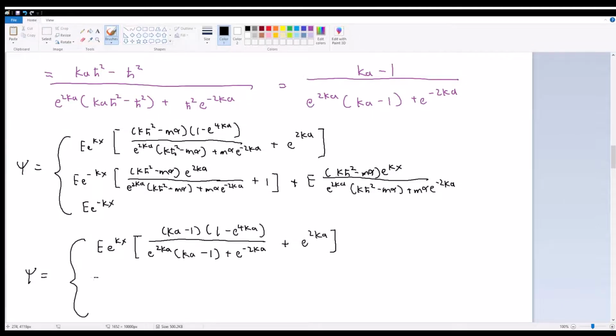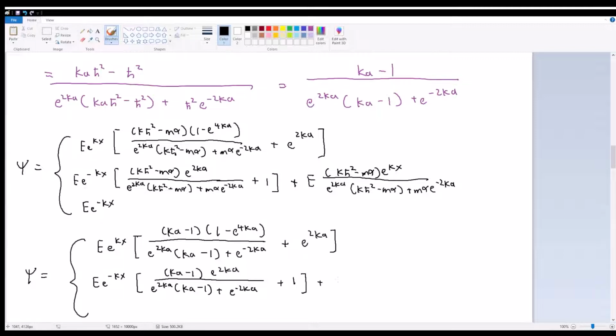Now our second term is e times e to the negative kx. This gives us e to the 2ka times (ka minus 1) plus e to the negative 2ka at the bottom. And at the top, we get ka minus 1 times e to the 2ka, which is added with 1.